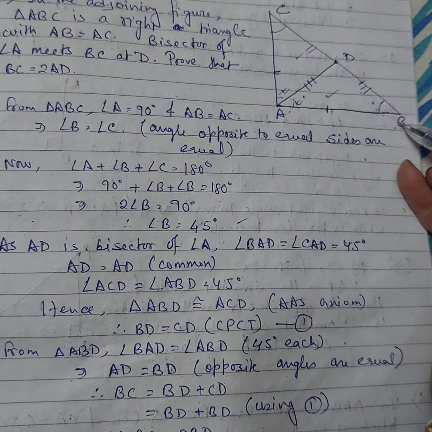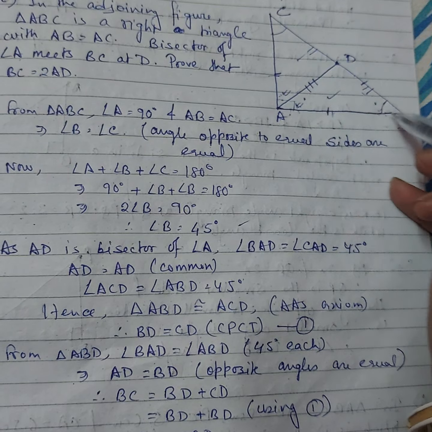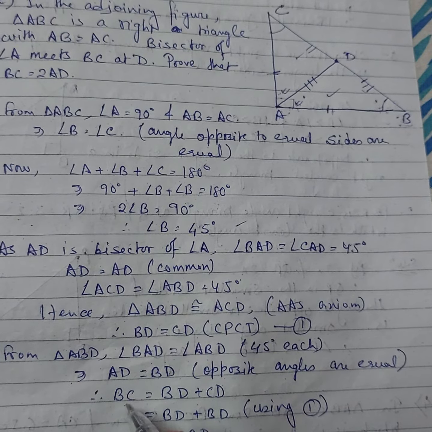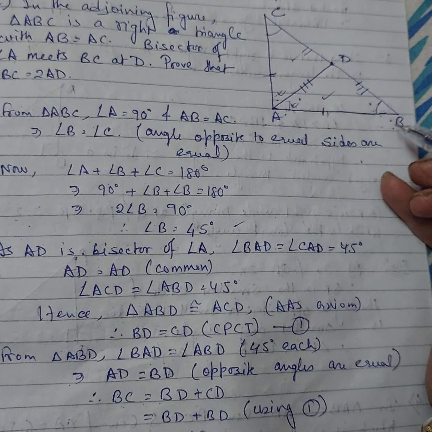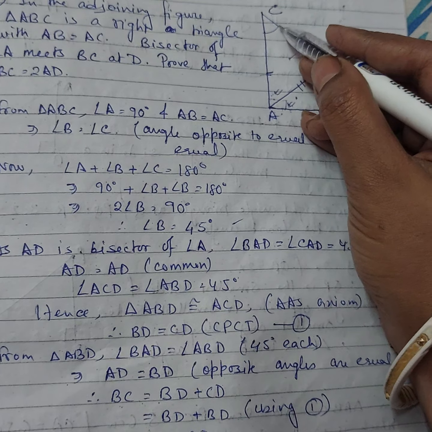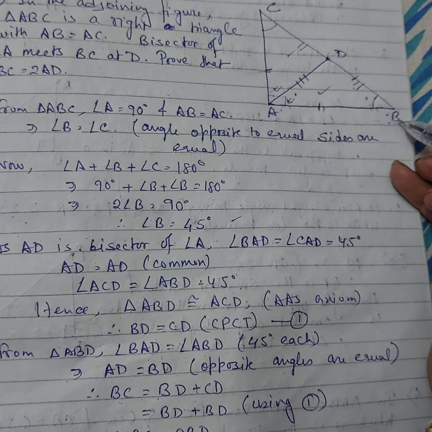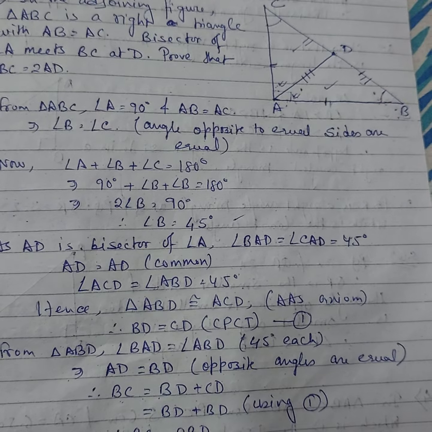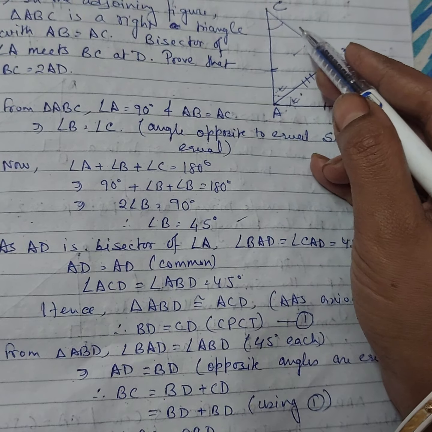therefore the whole side BC is equal to the sum of BD and DC.